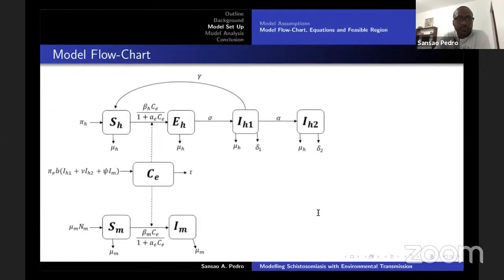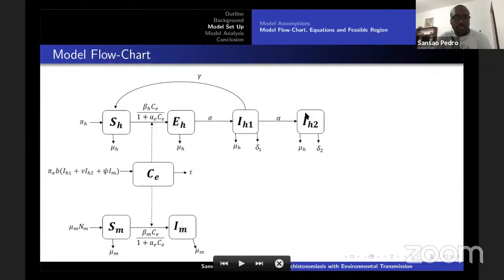hosts. Here is the model flow chart. The H subscript stands for humans, the C subscript is for Cercaria, and the M subscript is for non-mammalian host.